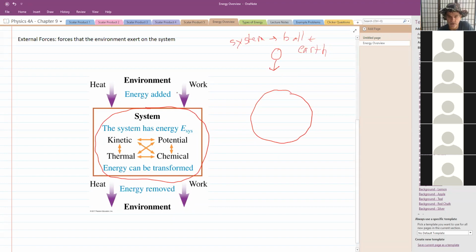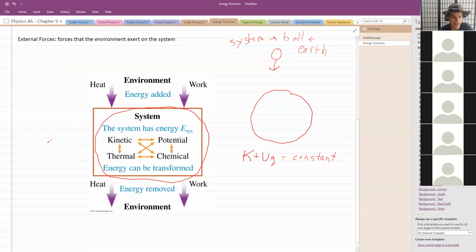But the total sum of the kinetic energy plus the gravitational potential energy is going to be a constant. So within the system, energy can be transformed from one form to another without loss. The total energy of the system, if there's nothing doing work on it, is going to be constant.